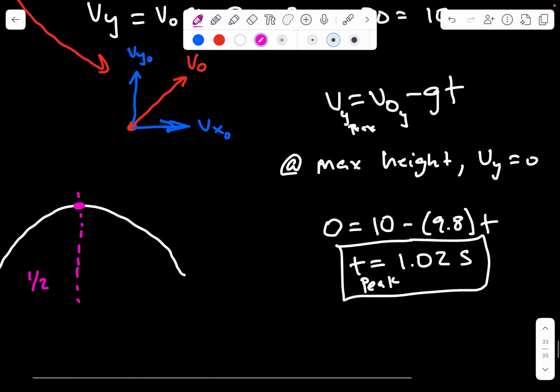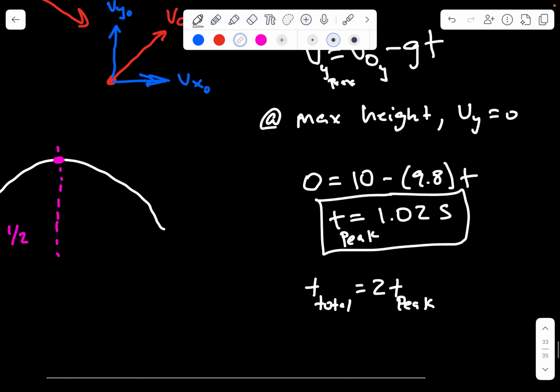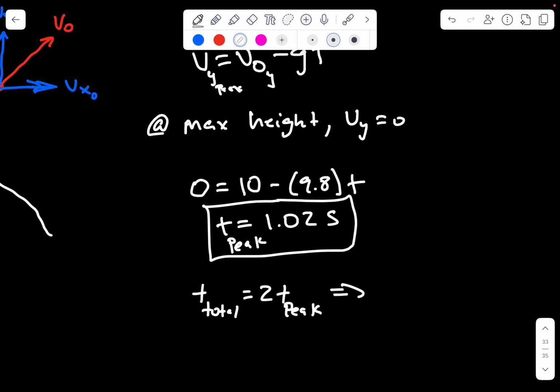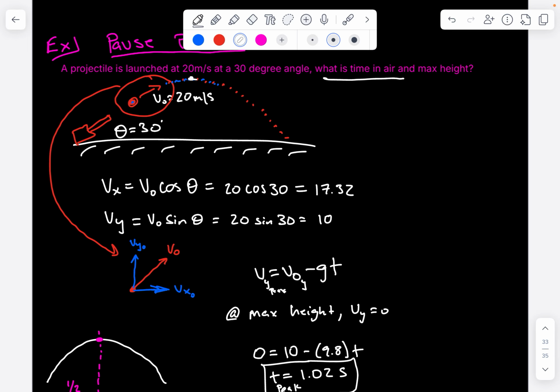So time total is equal to 2 times time peak. So our total time is equal to roughly 2.04 seconds. So there you go. That is the time it takes in the air.